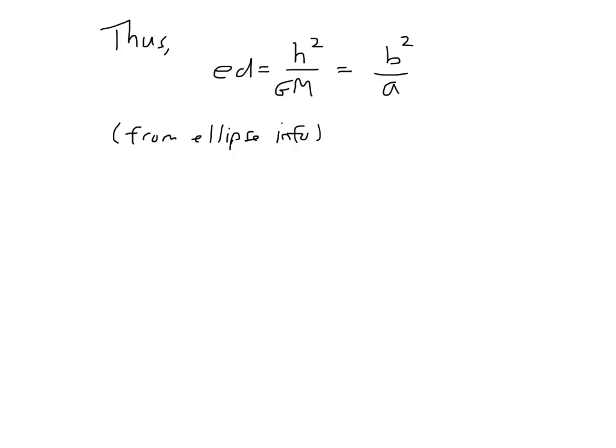So I get T squared is 4 a squared b squared pi squared over h squared.